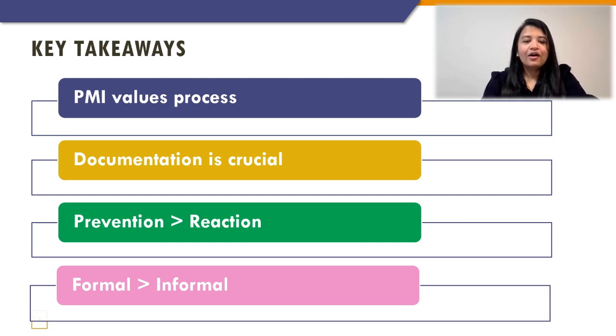Now, if you're choosing the right answer that involves documentation and processes versus an immediate action, PMI usually prefers the documented, process-focused approach, so you can count that as the correct answer. Definitely it is going to depend on the question, but usually this is how PMI is going to line up the set of questions for your exam day.